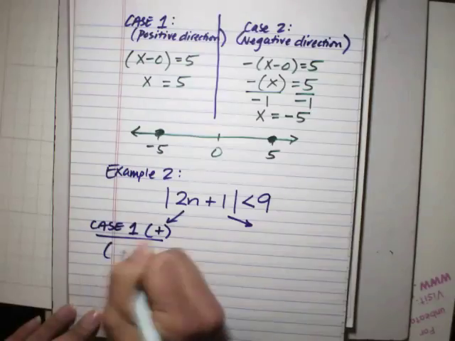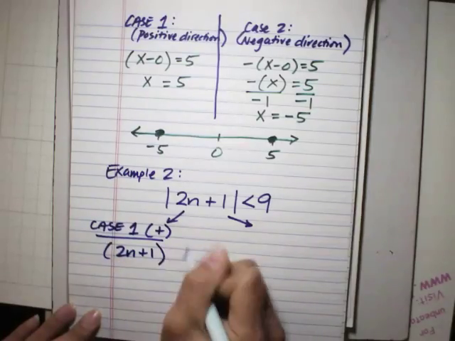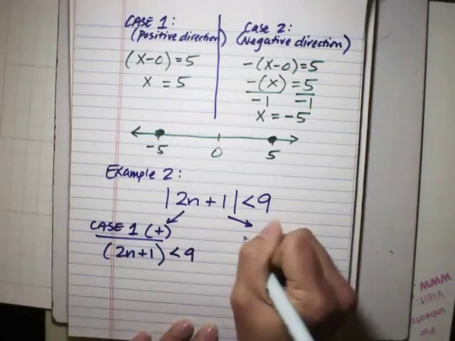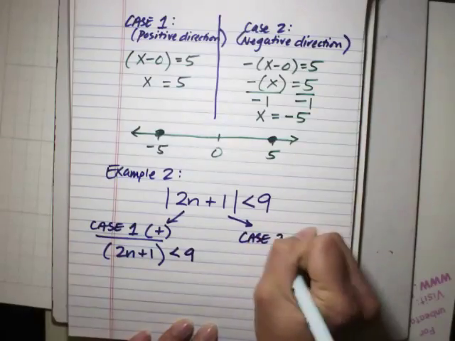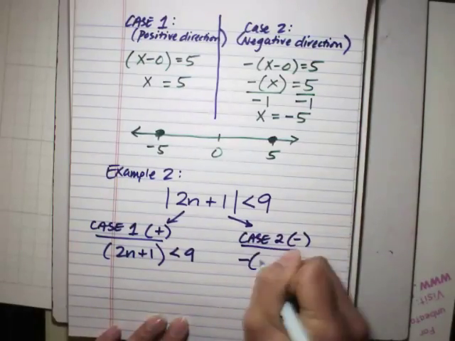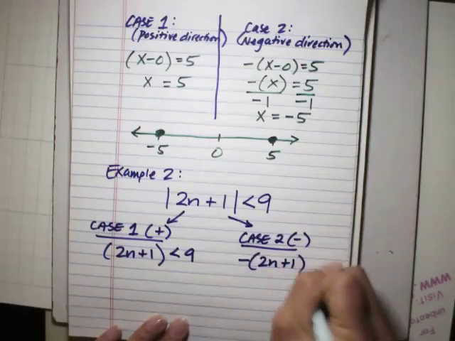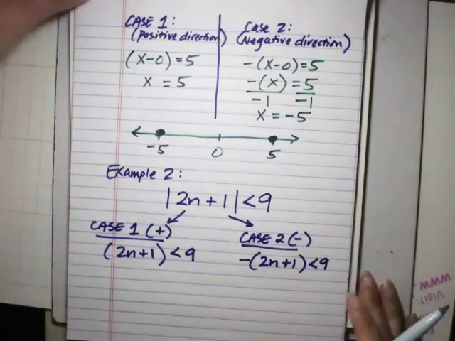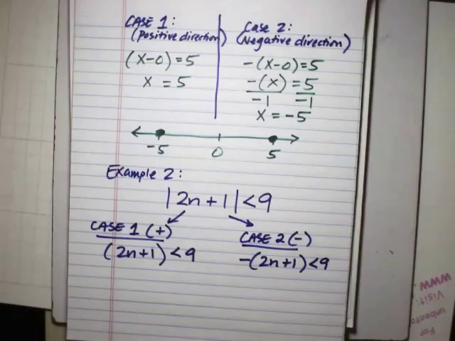So I'll have 2n plus 1 is less than 9. And case 2, which is the negative case, will be negative of 2n plus 1 is less than 9. I'm going to pause here. Why don't you pause here and try to solve these two problems?